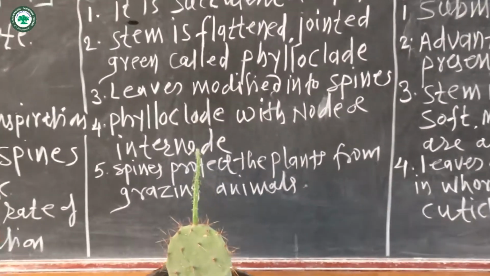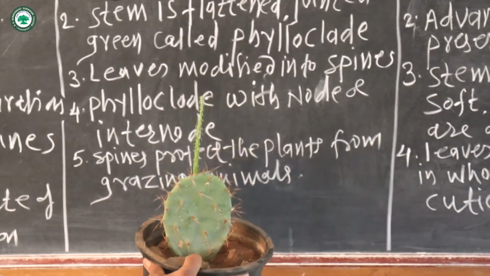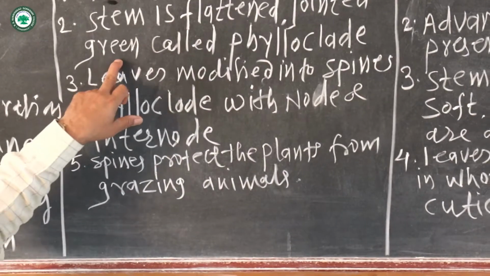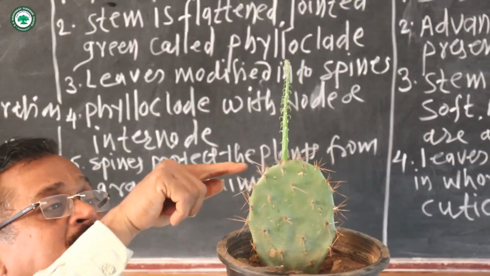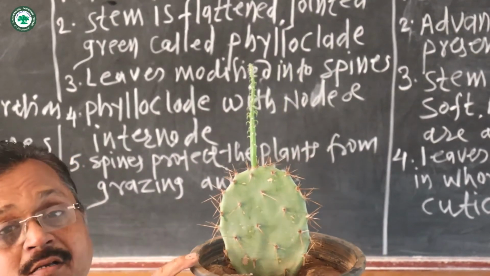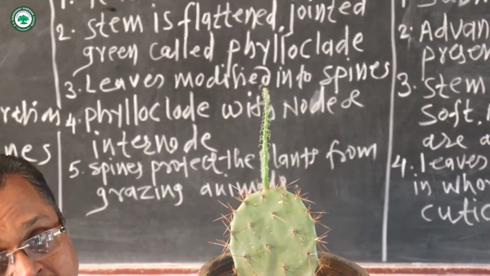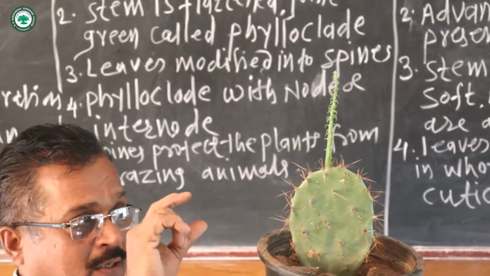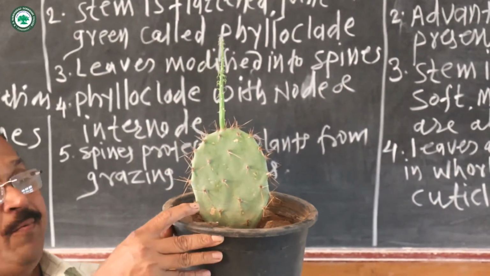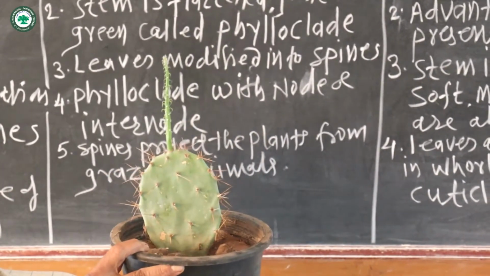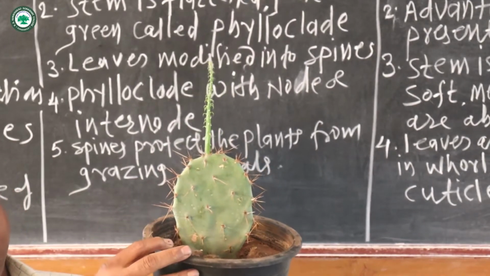Then the stem is modified into flattened, joint green parts called phylloclade. This is a flattened green structure, joined one above the other. The green part, the phylloclade, performs the function of photosynthesis, because the leaves are modified into spines.